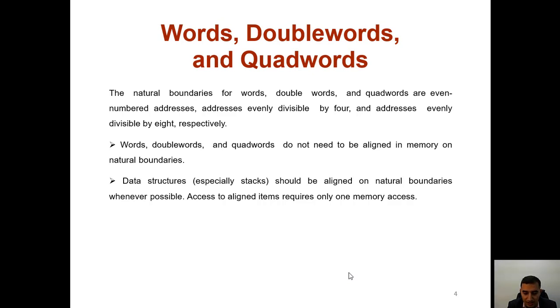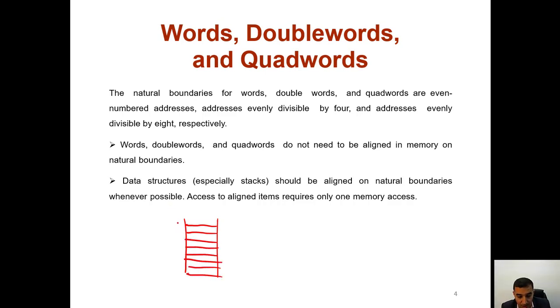What does that mean? It means the addresses, if you are using words, and remember our memory can hold 1 byte at a time.